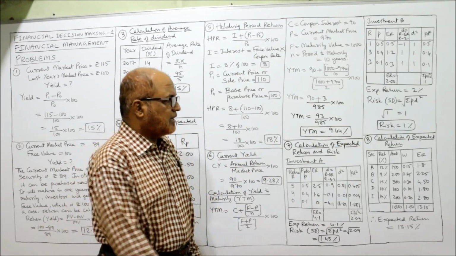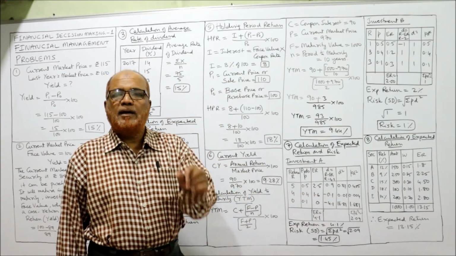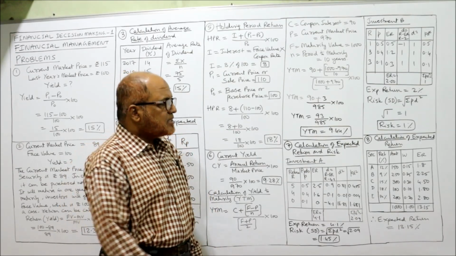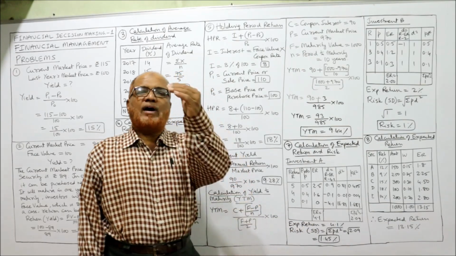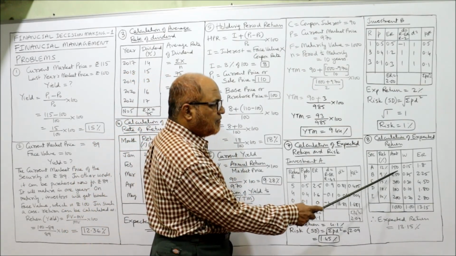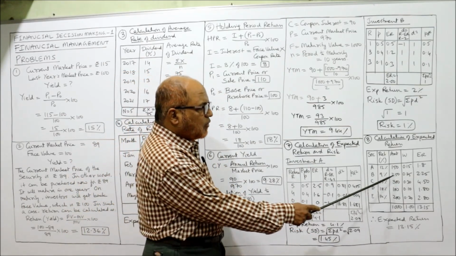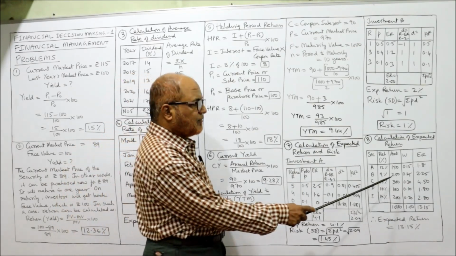Now we calculate weight. W stands for weight. How to calculate weight? Investment divided by total investment. 150 divided by 1000, you will get 0.15. Similarly 250 divided by 1000, you will get 0.25.